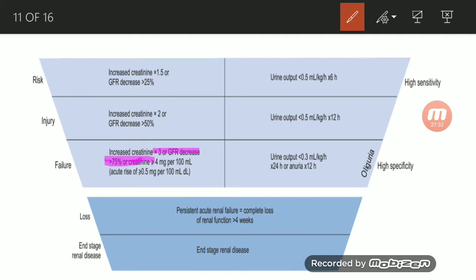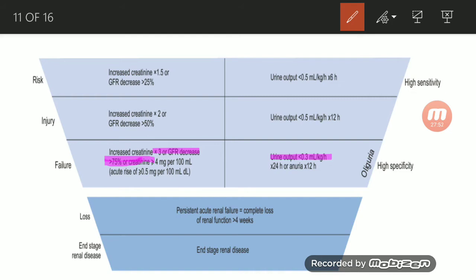And lastly, when you take into account your urine production, if your urine output has decreased to less than 0.3 ml per kg per hour for 24 hours, then your kidney has undergone failure.